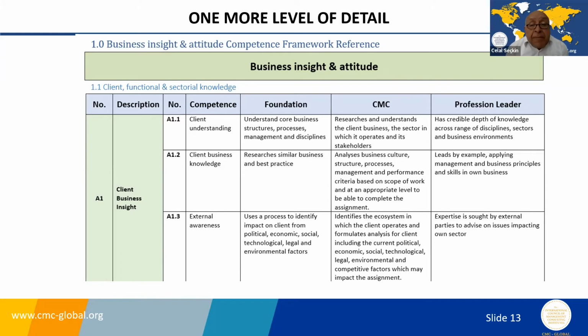They are the people who contribute to the profession in an exceptional way, and they are the people who have a credible, in-depth knowledge, and they lead by example, applying management and business principles, and they are the role models, in short. So we have defined these 3 columns to make a kind of differentiation between the beginners, the CMC level, and those who are in the position of leaders. But the focus again is CMC.